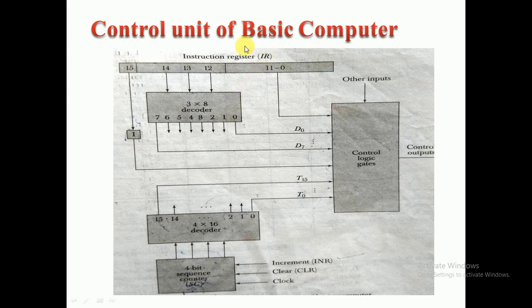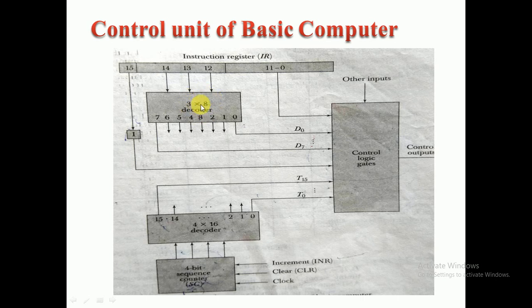We are using this 16-bit instruction register, and bits 0 to 11, the 12-bit address, provide the physical address to the control logic gates, and bits 12, 13, 14 are used as the operation code. These operation codes are converted by this decoder.